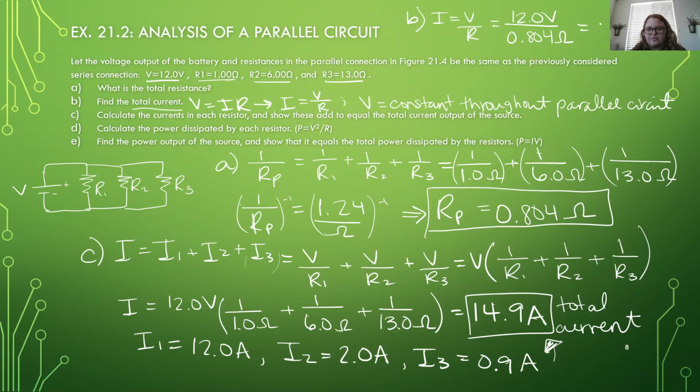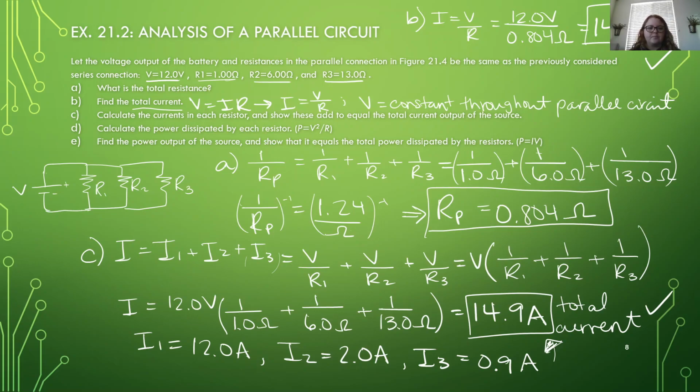So let's try that. 12 divided by 0.804, and lo and behold, we get 14.9 amps. So that checks out. I kind of did that backwards, sorry about that, but either way you do it, it looks like it will be the same value.